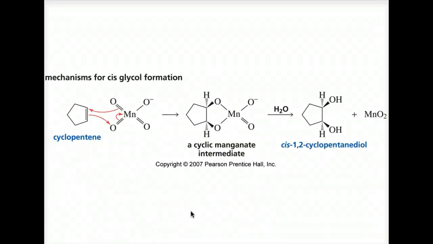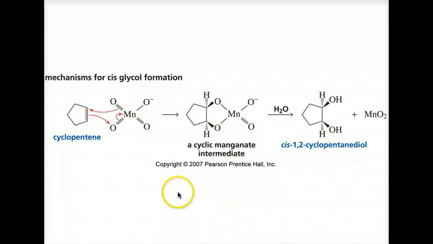Here is the mechanism of cis-glycol formation, starting with a cycloalkene. Both potassium permanganate and osmium tetroxide form a cyclic intermediate when they react with an alkene. Both are in a highly positive oxidation state and attract electrons.